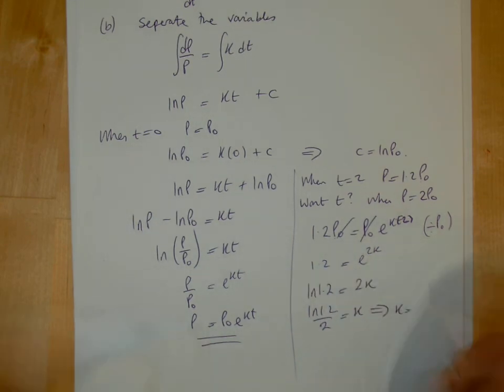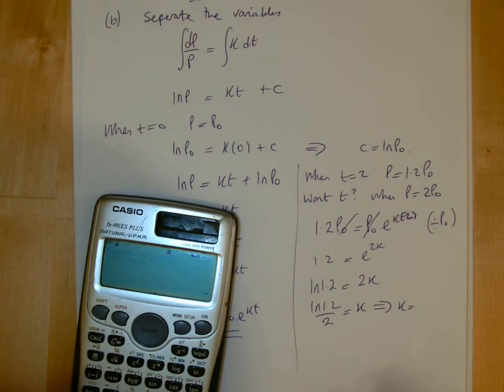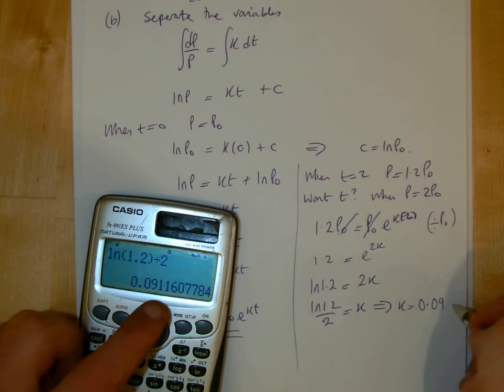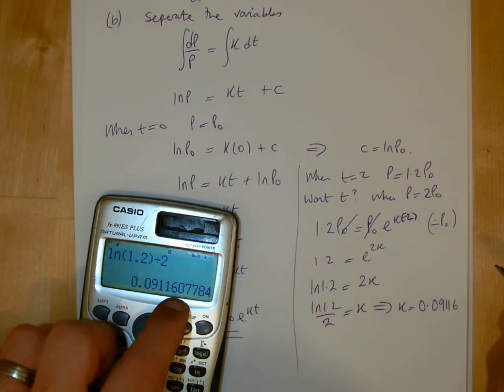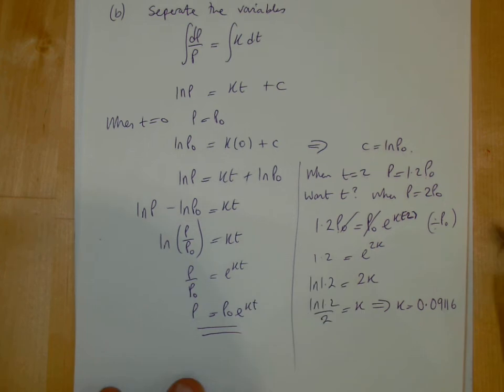Let's have a look, we get k to be that. Now what I would do, I'd go for a good number of decimal places, 0.09116, 5 decimal places, so we've got a good degree of accuracy.